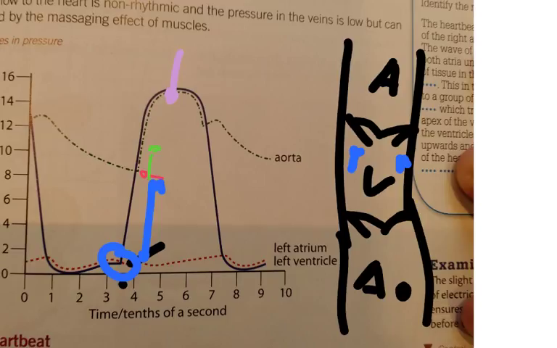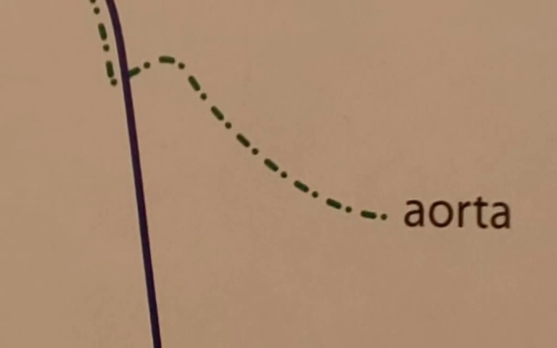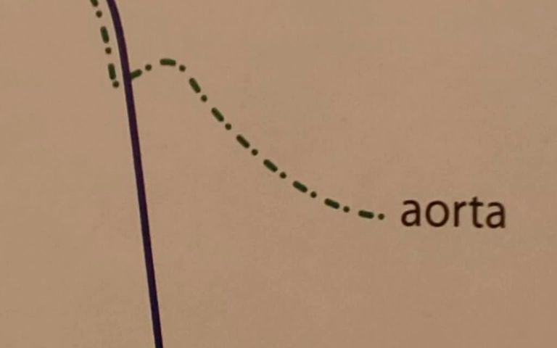At that point, the pressure starts to fall in the ventricle until the pressure at this point becomes lower than in the aorta. So blood flows back from the aorta into the ventricle, which pushes the valve closed, between the aorta and the ventricle.